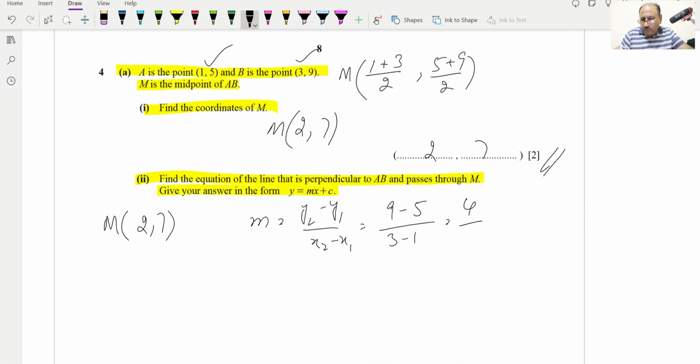This will be equal to 4 over 2, which is equal to 2. So the gradient of AB will be equal to 2, and the gradient of the perpendicular line will be the reciprocal and change sign. So minus 1 by 2.